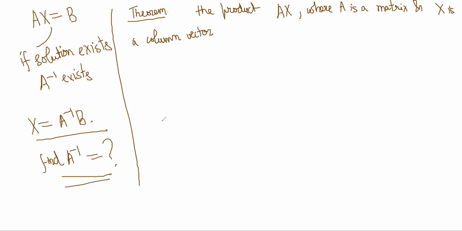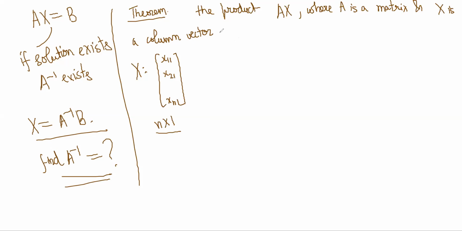Column vector means just like this, right? This is a column vector X, which is n cross 1.